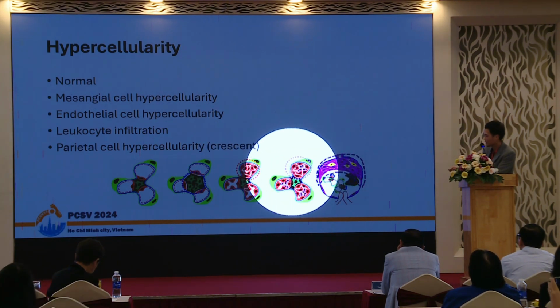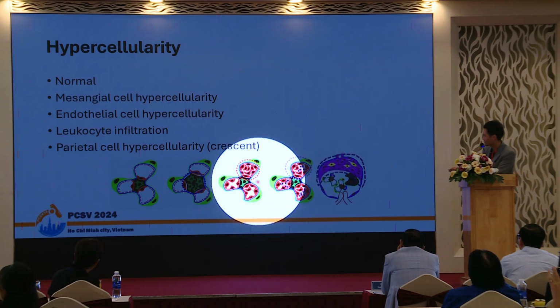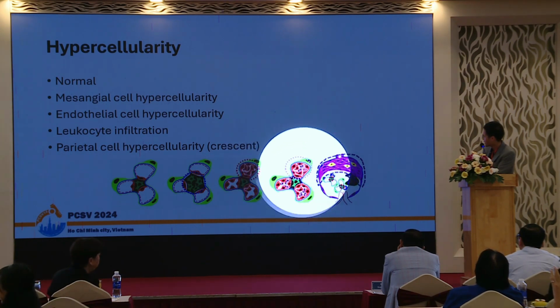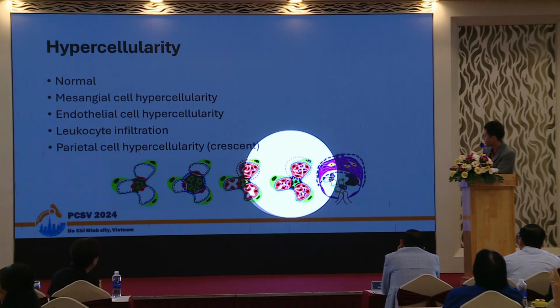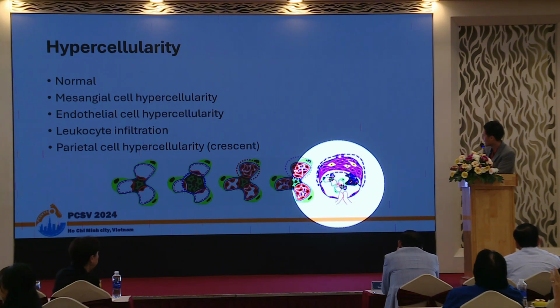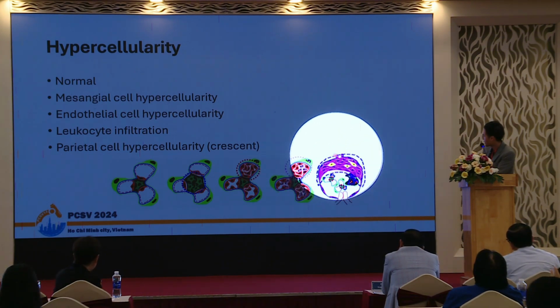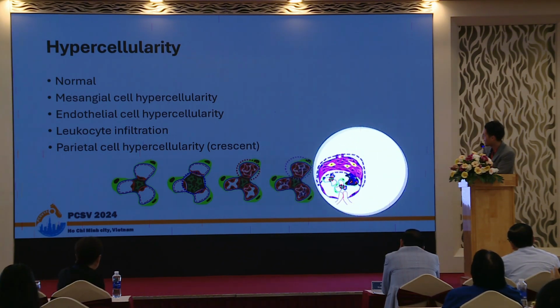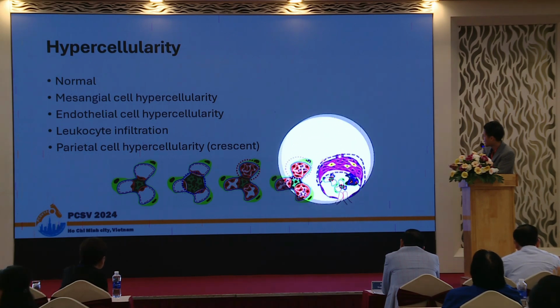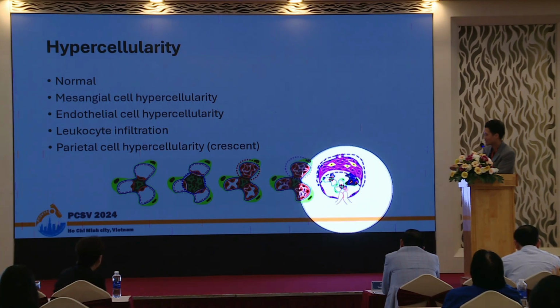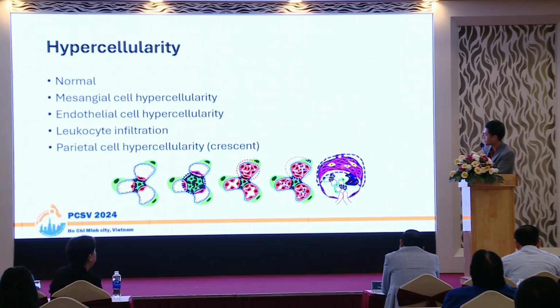It can be associated with leukocyte infiltration. If the inflammation is severe, it can rupture, and the parietal epithelial cells can be activated and proliferate, making crescents. These are hypercellularity in the glomerulus.